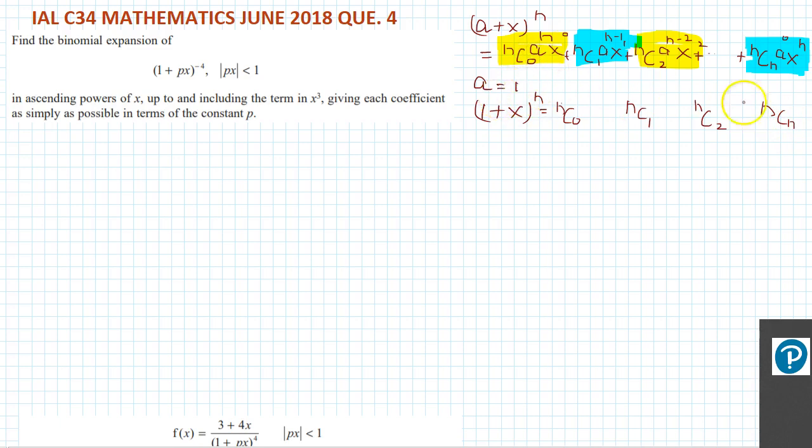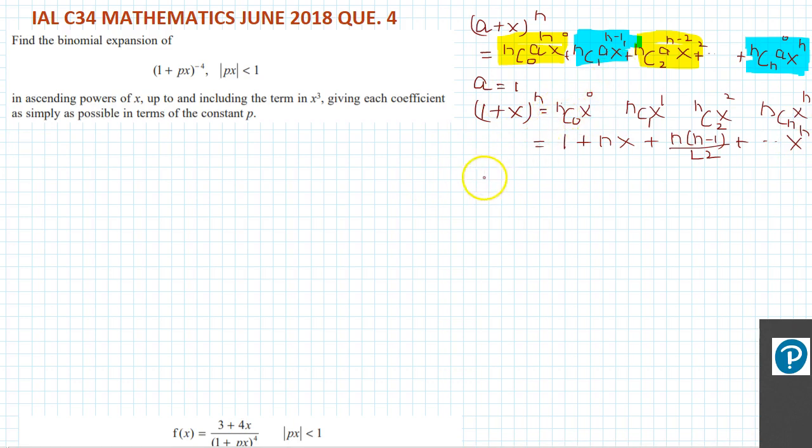A is 1, so 1 to the power whatever is there hardly matters. There is no need to write 1 to the power. So simply we write x to the power 0, x to the power 1, x to the power 2, and x to the power n. So it's simply 1 plus nx plus n(n minus 1) over factorial 2 x squared, plus up to x to the power n.